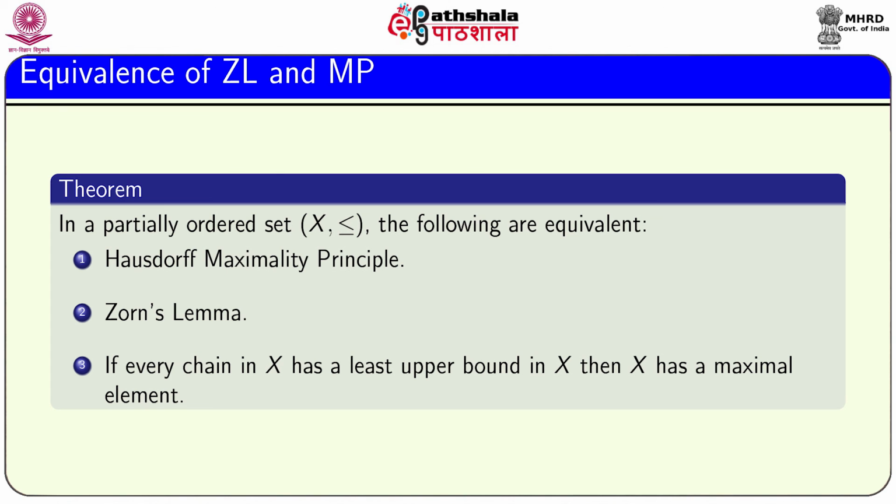Number 1, the Hausdorff maximality principle. Number 2 is Zorn's lemma, and number 3 is that if every chain in X has a least upper bound in X, then X has a maximal element.